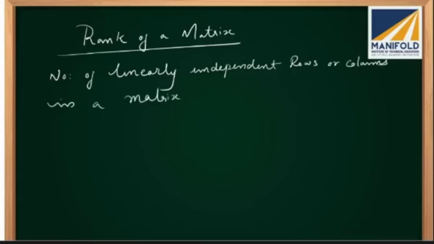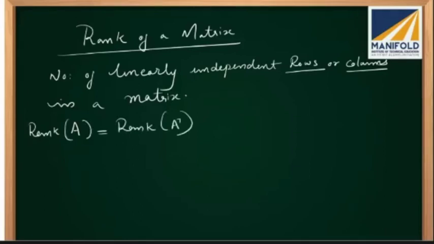You can write down this definition: the number of linearly independent rows or columns in a matrix will give you the rank of the matrix. Suppose I have a matrix A. Since I have used the word rows or columns, I can first state that rank of A is always going to be rank of A transpose. That is the first point.